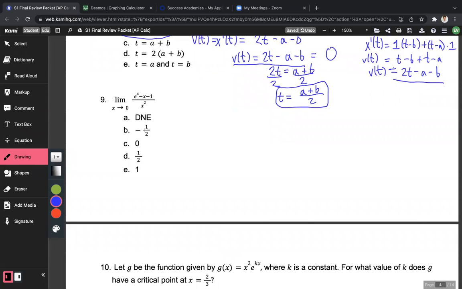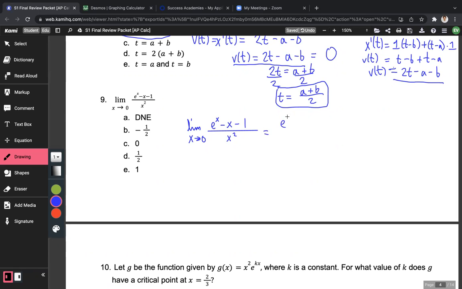Looking at question 9, we are asked to evaluate a limit. So anytime you're asked to evaluate a limit, first thing you should probably do, direct substitution, see what it gets you. So the limit of e to the x minus 1 over x squared as x approaches 0.